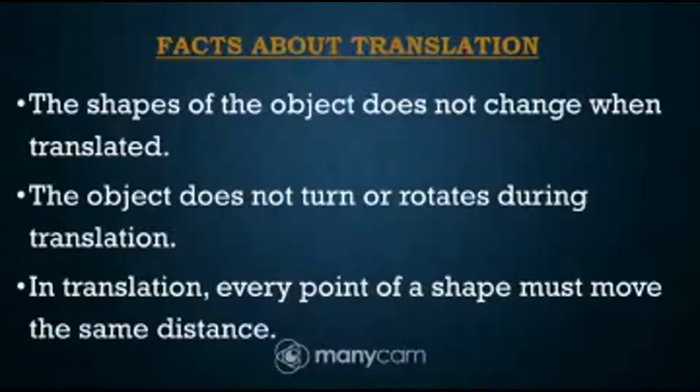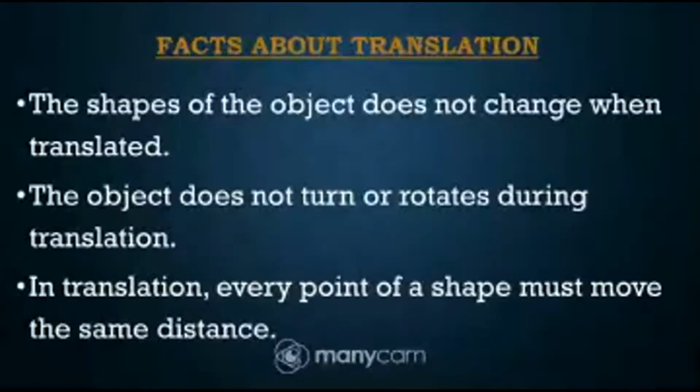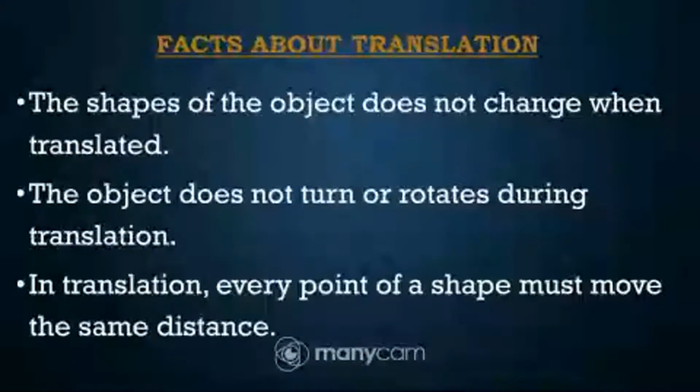If you are plotting and getting a different shape, you must remember that the shape does not change when translated. When something moves, it doesn't mean it changed; it moved from one place to another. The object does not turn or rotate during translation.